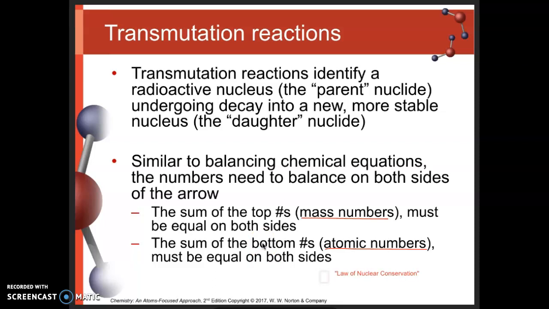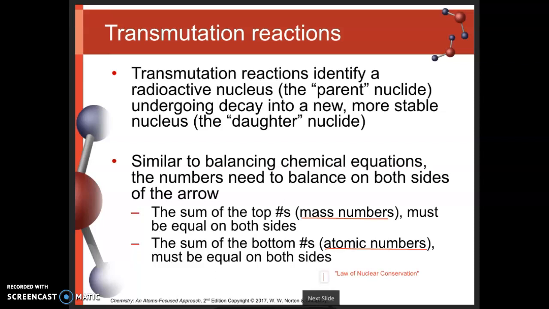On both sides of the equation, we have to have an equal number of mass numbers. On both sides of the equation, we have to have an equal number of atomic numbers. That's what we're looking for, that's what we're going to track. And as we look at each of these individual types of decay, we will see that in action.